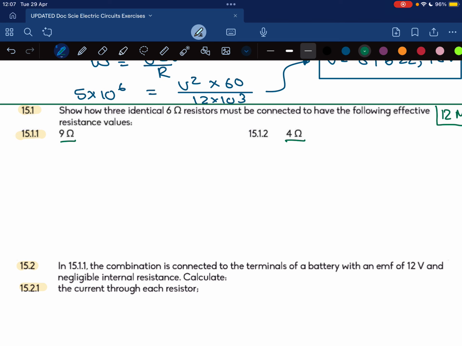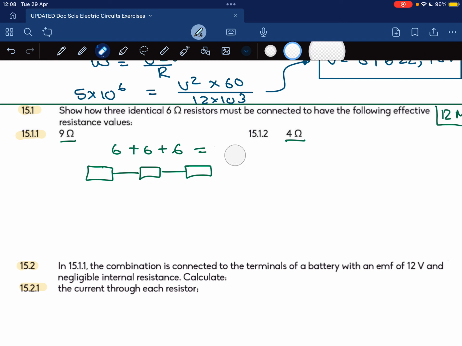If we look at the 6 ohm resistors, first of all, we can't put them all in series, because 6 plus 6 plus 6 is going to be 18 ohms. So that doesn't work. Series won't work for either of them.